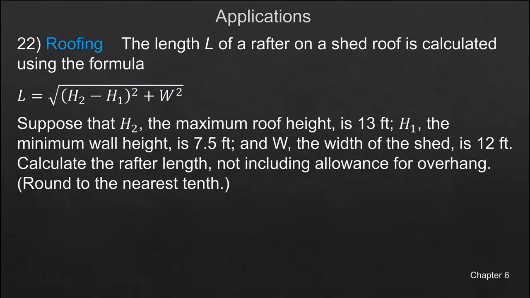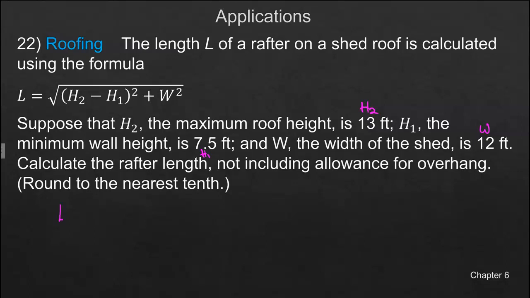H sub 2, the maximum roof height is 13. So this is going to go in for that. H subscript 1, the minimum wall height is 7.5. So that's my H sub 1. And W, the width of the shed, is 12. So there's my W. Calculate the rafter length, not including allowance for overhang, round to the nearest tenth.